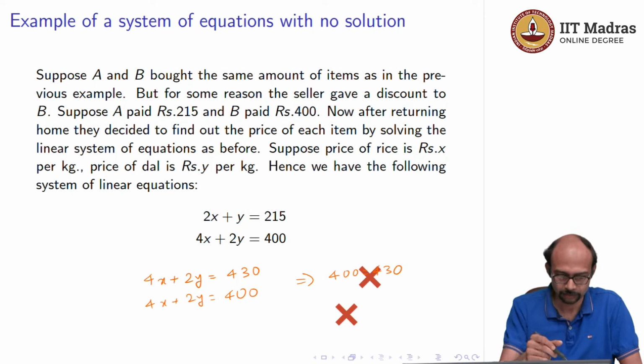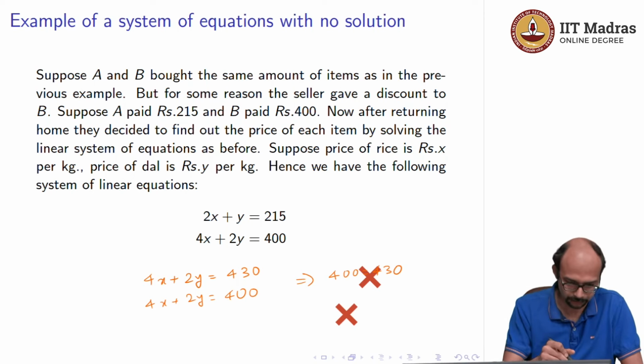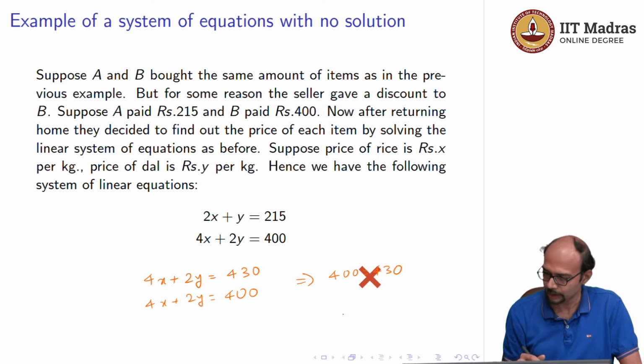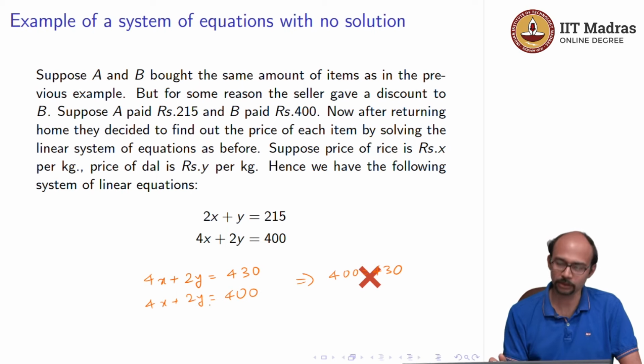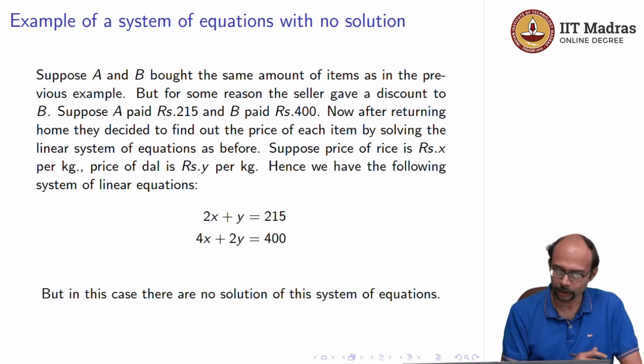Of course we know that 400 is not 430. That means there is no x and y for which this can be solved. So there's no solution here. What goes wrong?